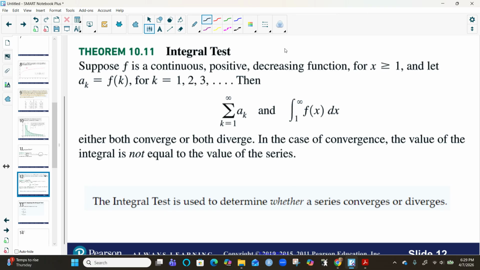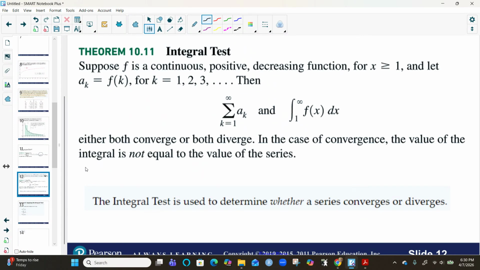Suppose f is a continuous and positive and decreasing function for x greater than or equal to 1, because we start at 1. And let a sub k equal some function. So whatever this is, a sub k, it's going to be some sort of function. And it's going to be starting at 1, go on and on and on to infinity.